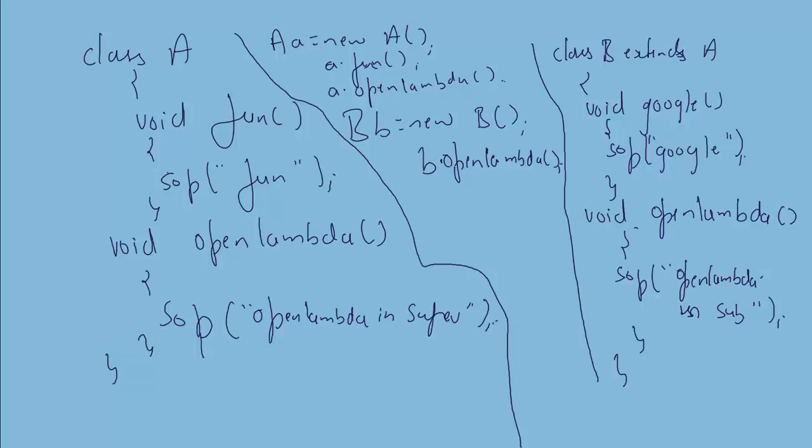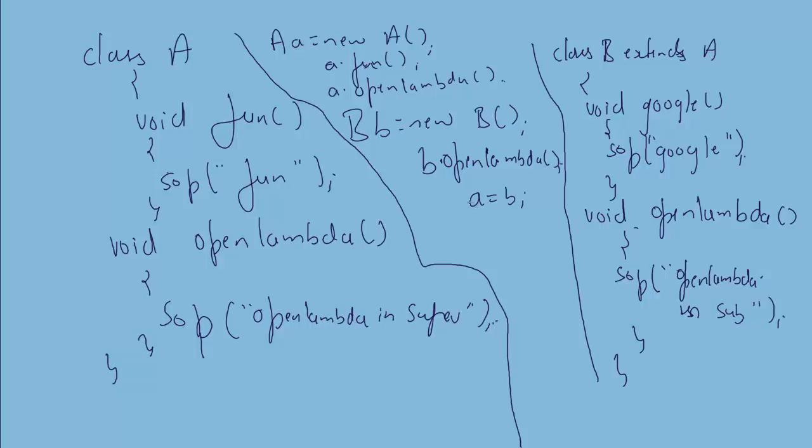That's fine. But in the last class we also saw we could have written the code like this: A a is equal to B, a superclass variable pointing to a subclass object. B is an object, and this is a variable. I am assigning this address to this variable. Now A starts pointing to B.